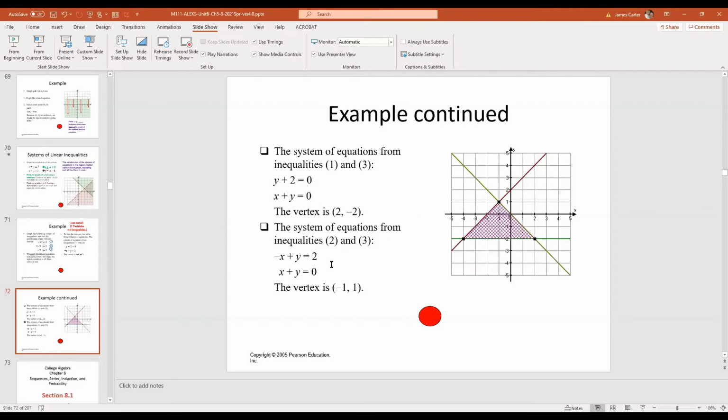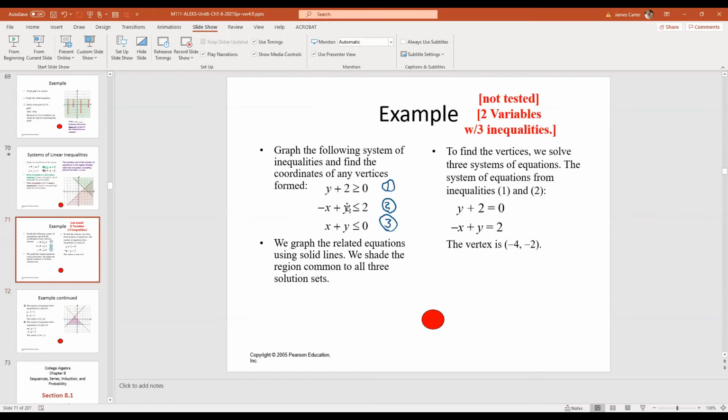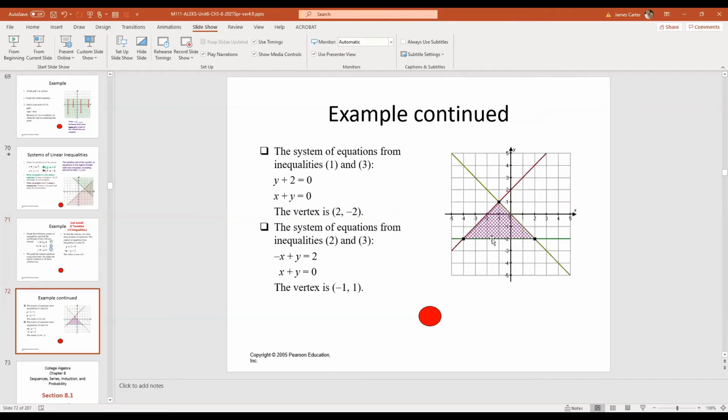Anyway, the point of all of this is the solution is the area contained inside all three. Why? Because this one said everything bigger than this horizontal line, y plus 2.